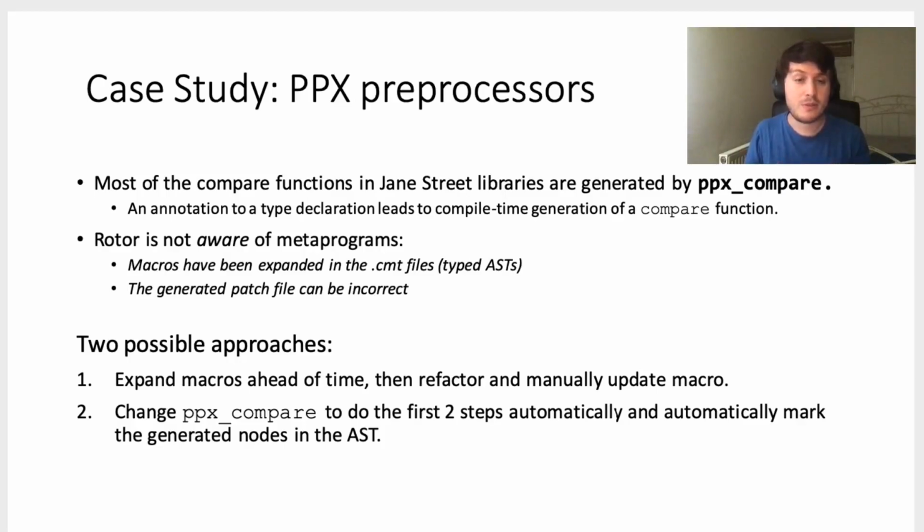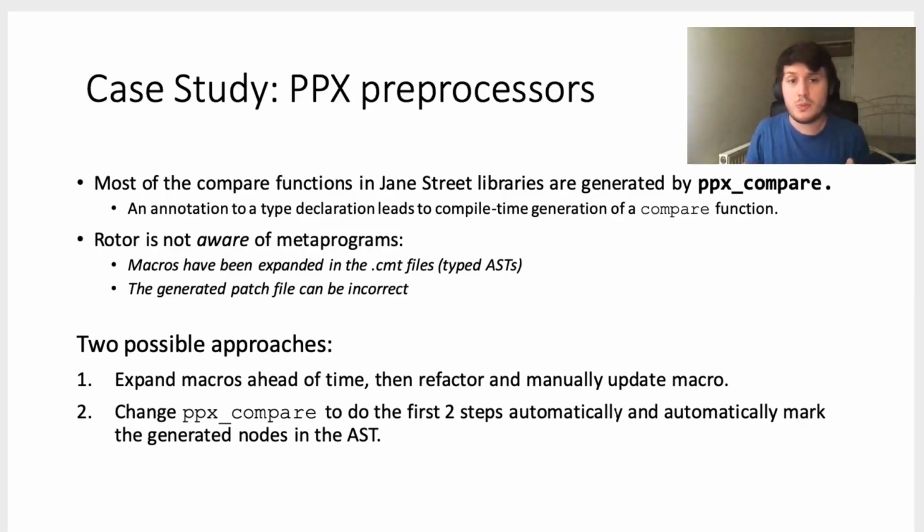So the macros of the PPX preprocessors have already been expanded in the CMT files that Rotor uses. So applying Rotor on a code base with PPX macros can lead to the generation of a wrong patch file which references the inline code of the macros, which is not present in the source file.